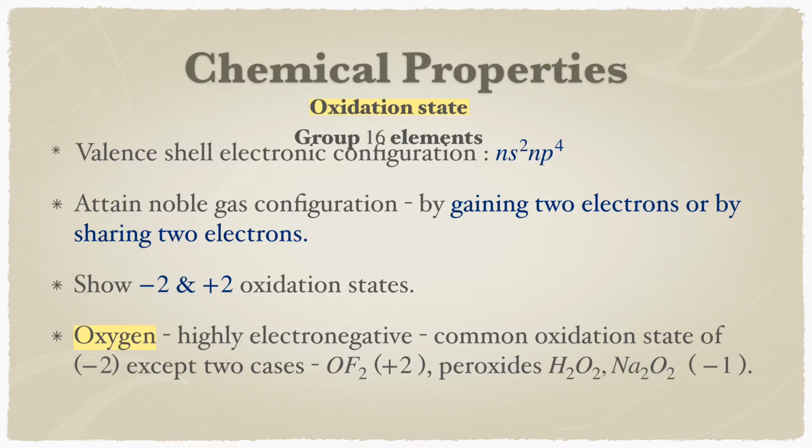Now what does this minus and plus refer to? Minus means whenever the element gains electrons, and whenever it gives away electrons, then we write plus. Please remember this, which is very important. Now oxygen is highly electronegative, with a common oxidation state of -2, except in 2 cases.